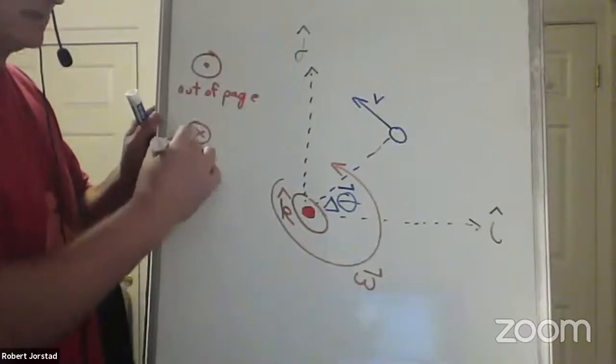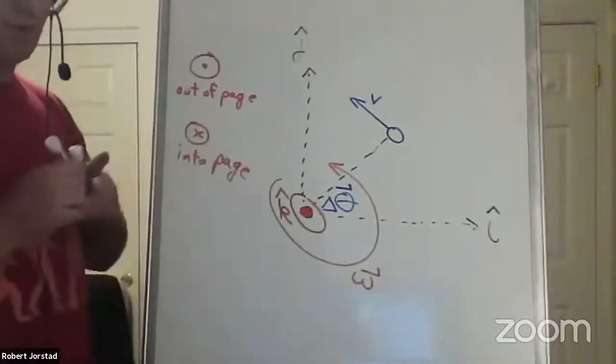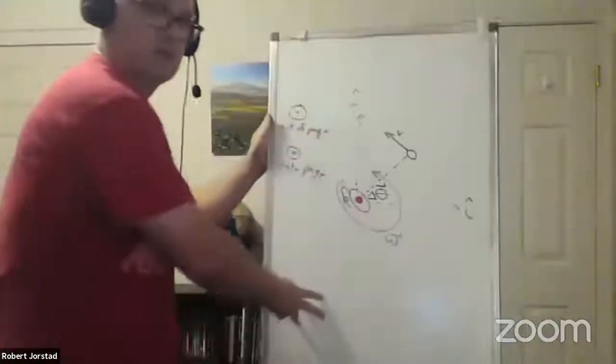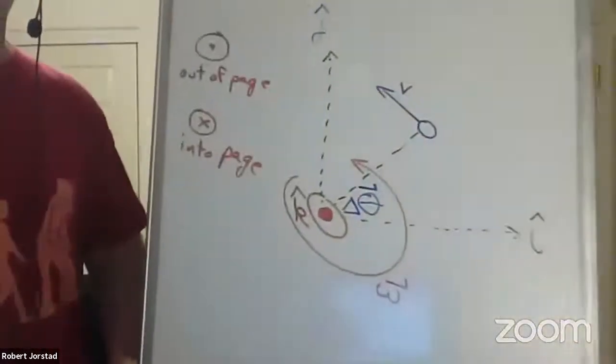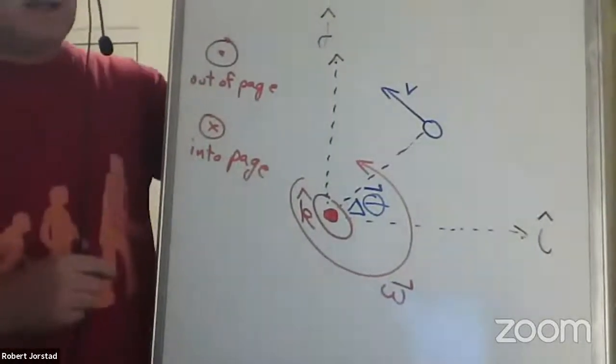X means into page. My cheesy way of remembering that was if you're shooting an arrow, okay? If I shoot an arrow at you, the point is coming out to hit you. That's like the dot. If I shoot it away from you, you see the feathers. That's the X. So that's how I remember it. Out of the page is a dot, into the page is an X.